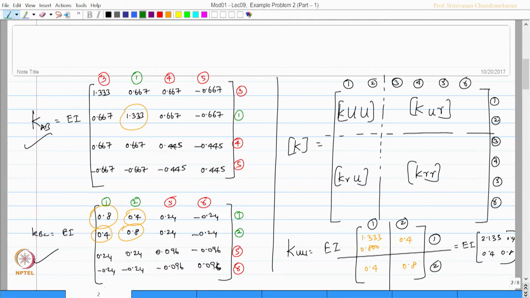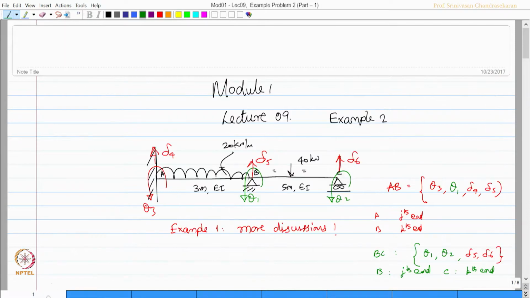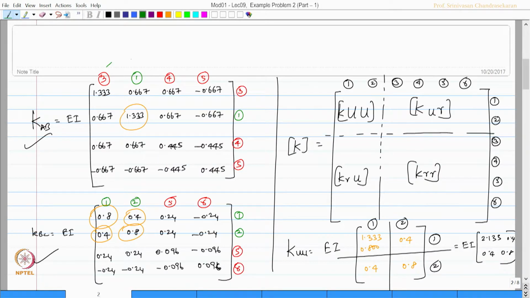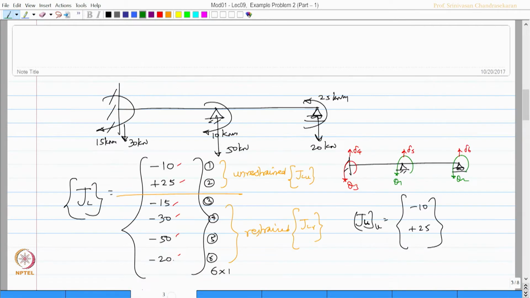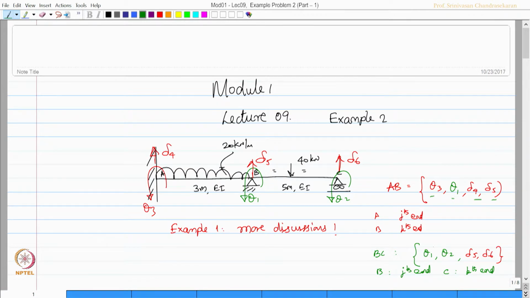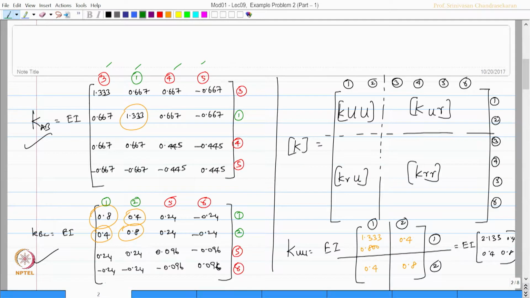Taking this as a module, we generated the stiffness matrix for KAB with labels 3, 1, 4, 5, 3, 1, 4, 5. Similarly, for KBC, labels 1, 2, 5, 6, 1, 2, 5, 6 were generated. We partitioned the matrix and got KUU as 2 by 2.